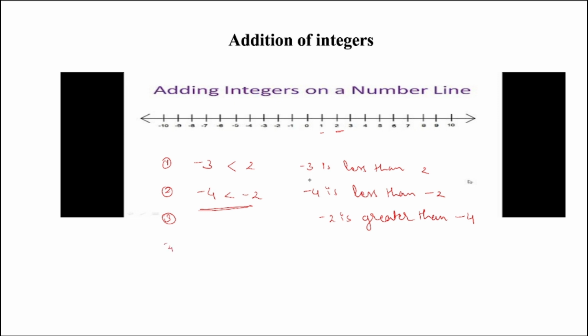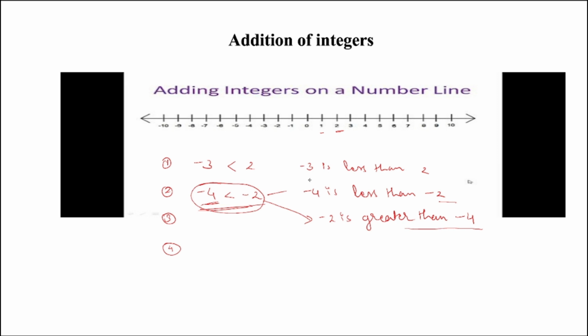Nice job. You can read it in two ways. First, -4 is less than -2, and -2 is greater than -4.